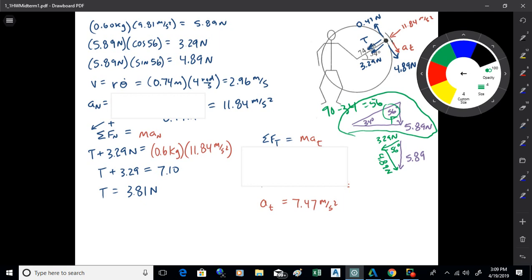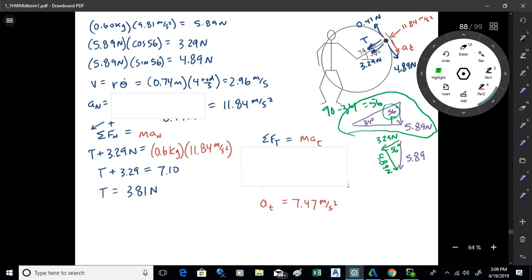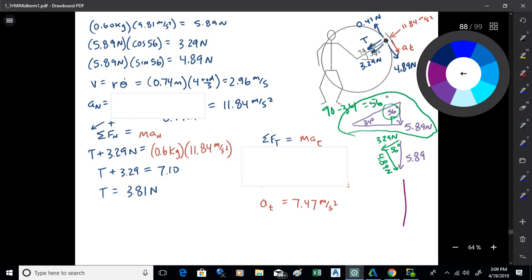Now, once I've got that, what I'm going to do with it is get that weight resolved into normal and tangential components. So now the important thing on that is the weight is the hypotenuse. The weight is the fundamental force that makes the hypotenuse of a vector triangle.